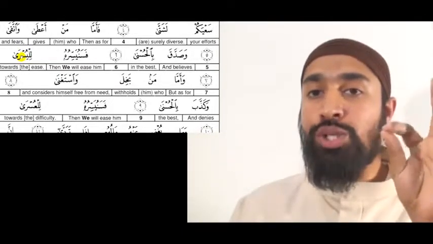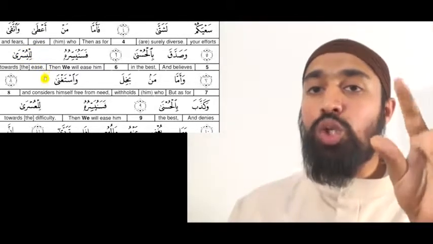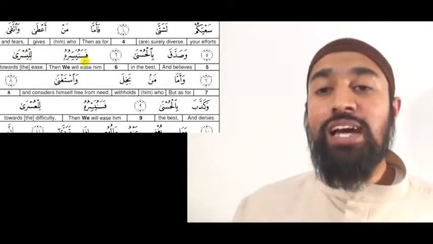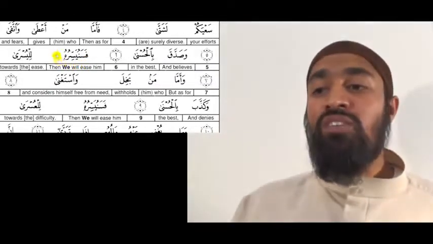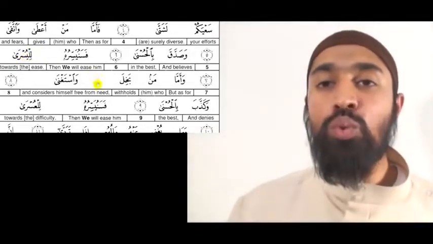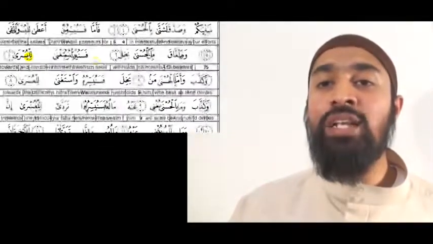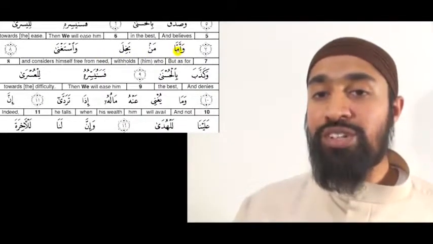Don't bounce the sound. Yus. Don't bounce the seen. Yus. If the sound bounces, then you're going to be doing qalqala on a letter that doesn't need to bounce. Verse number 7. فَسَنُيَسِّرُهُ لِلْيُسْرَى.